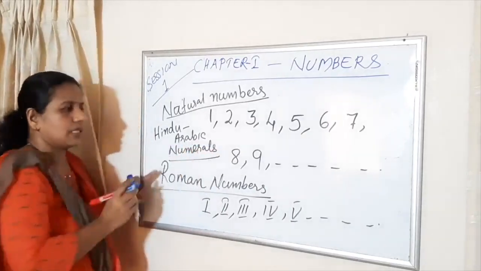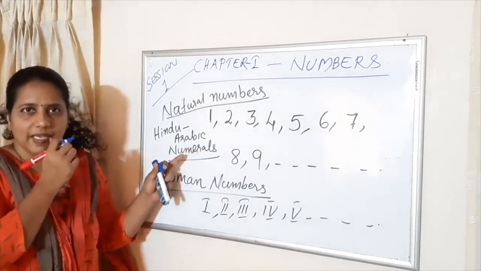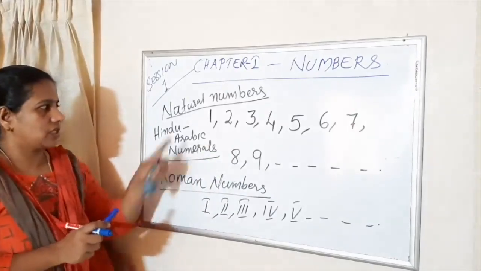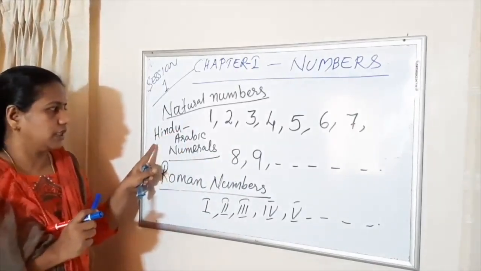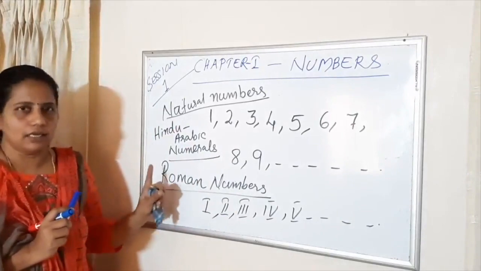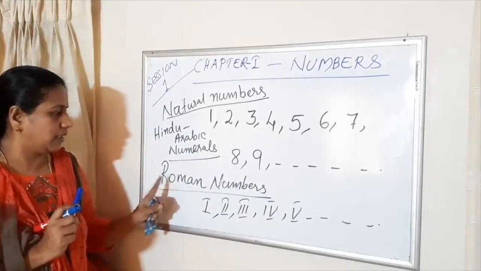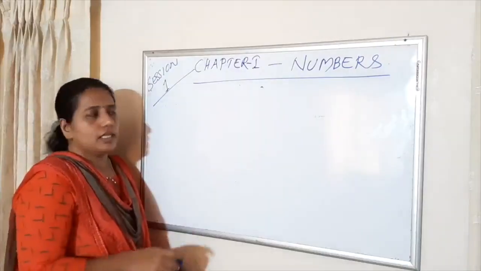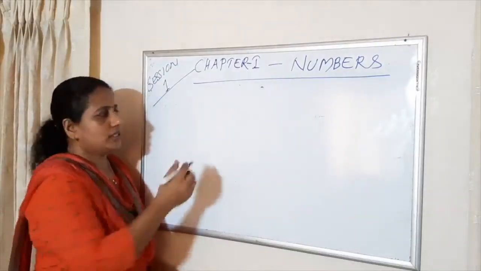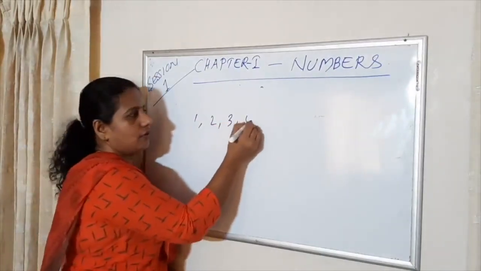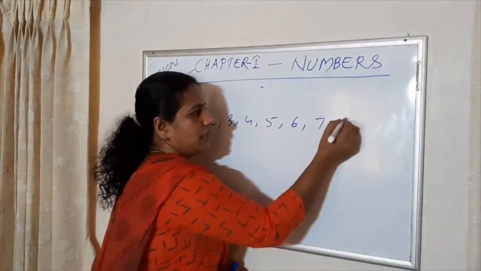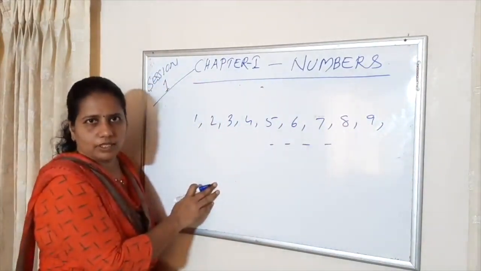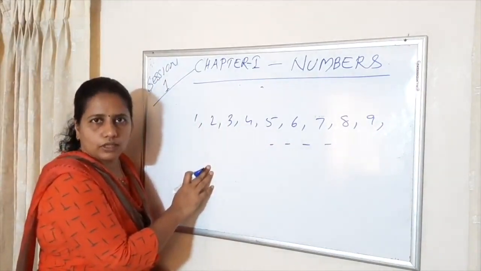Numerals means the symbols that we use to write. So natural numbers are also called Hindu-Arabic numerals, and one more numeral system is Roman numbers. You know that 1, 2, 3, 4, 5, 6, 7, 8, 9, etc. are the natural numbers. These are also called counting numbers.